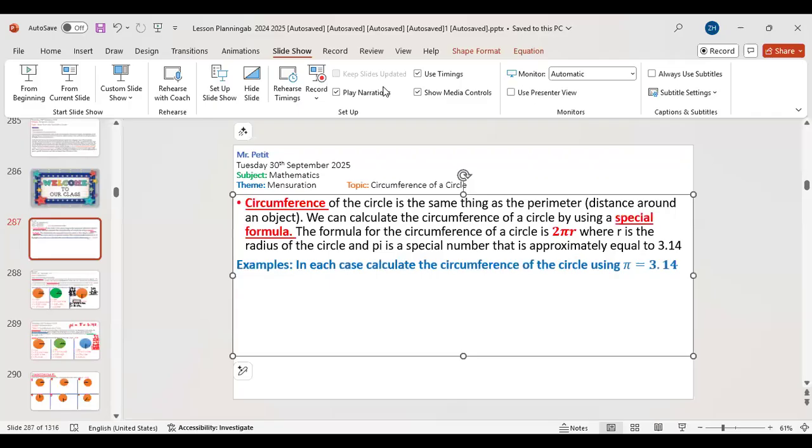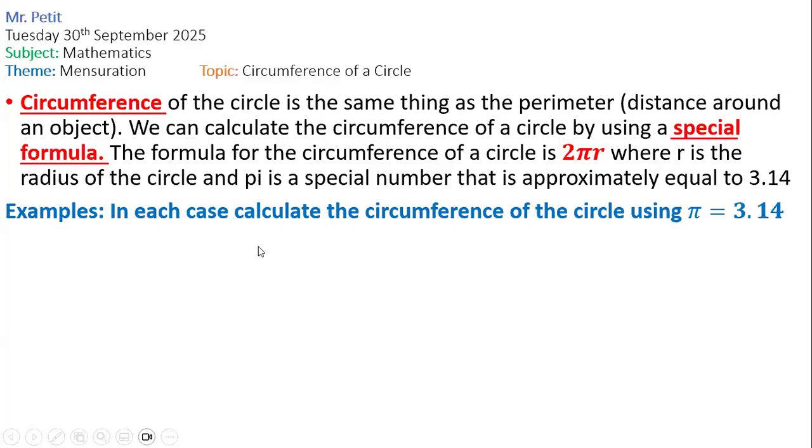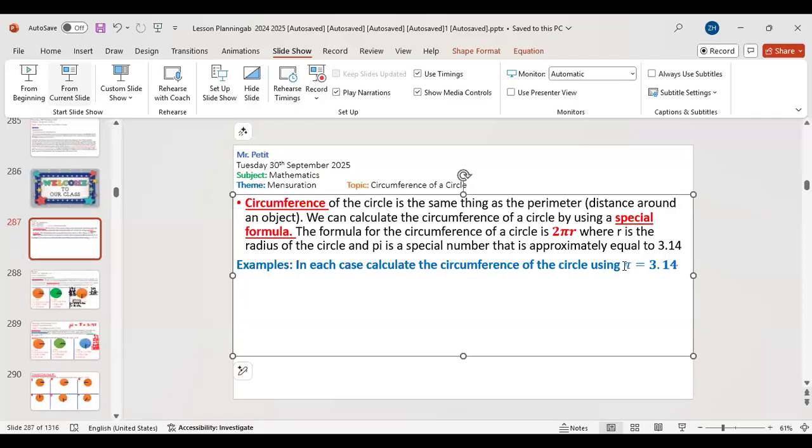With these examples, go ahead, Davanik, read the question for me. The one in blue. In each case, calculate the circumference of the circle using pi equals 3.14. So in this question, what are we going to use pi as? What is pi going to be equal to in this particular question? 3.14.